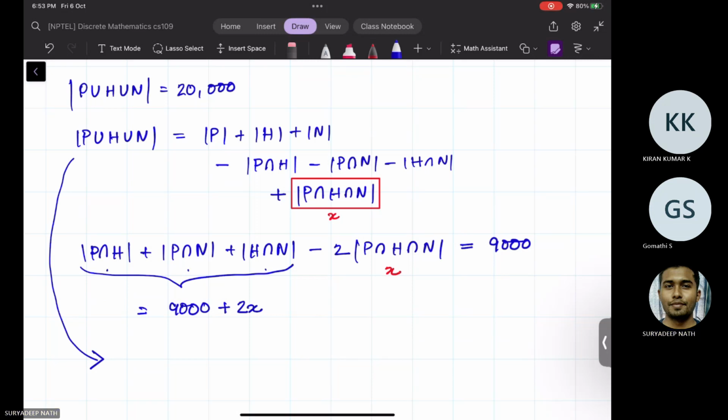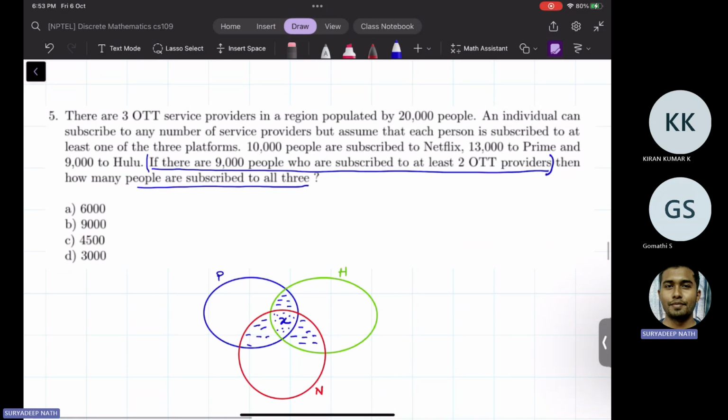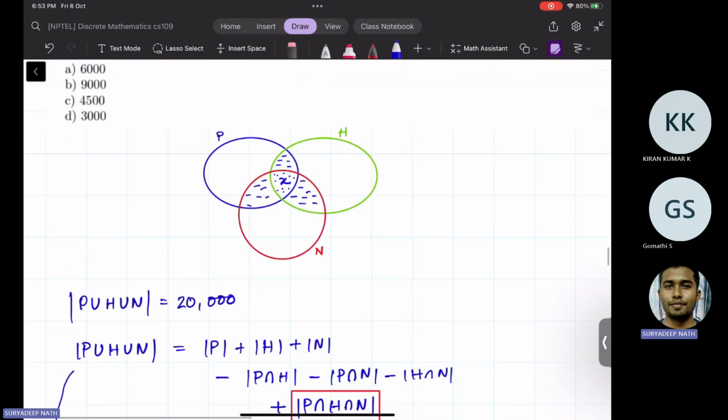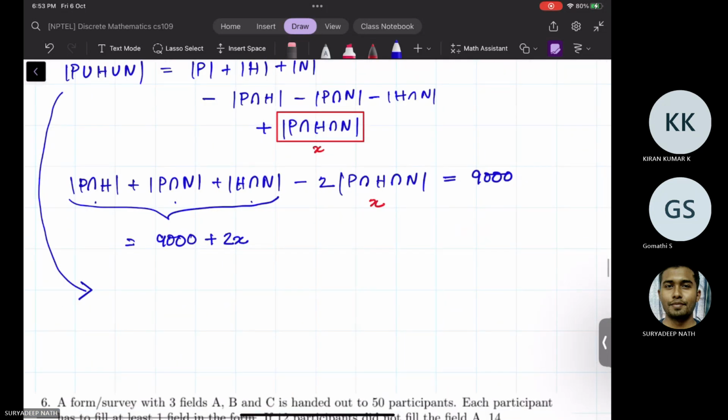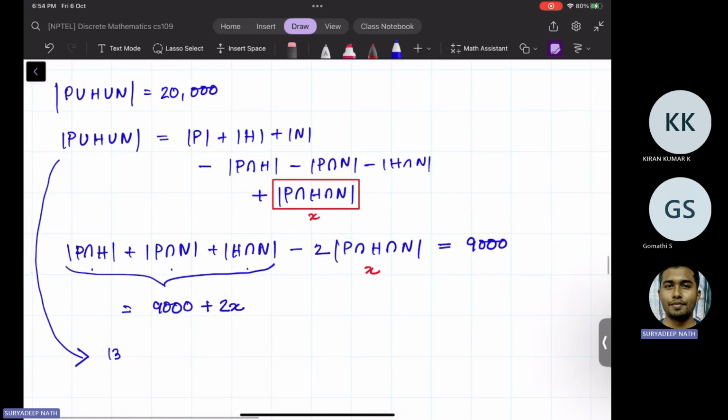plus N. P was people who are subscribed to Prime, that is 13,000. On the left hand side it is 20,000.